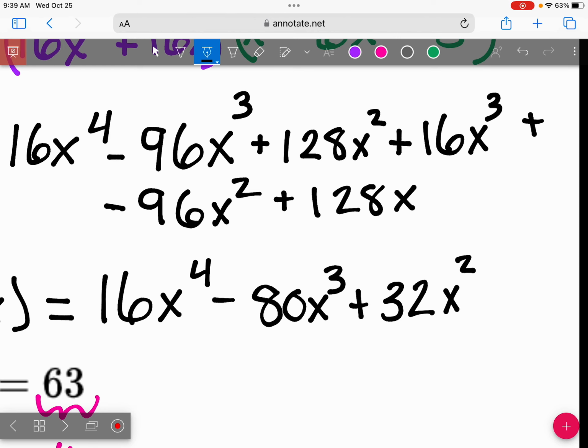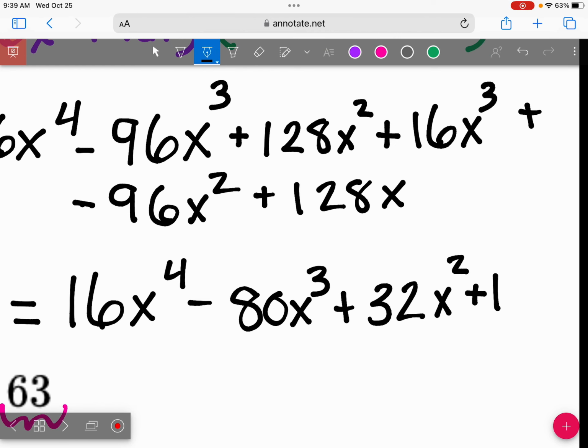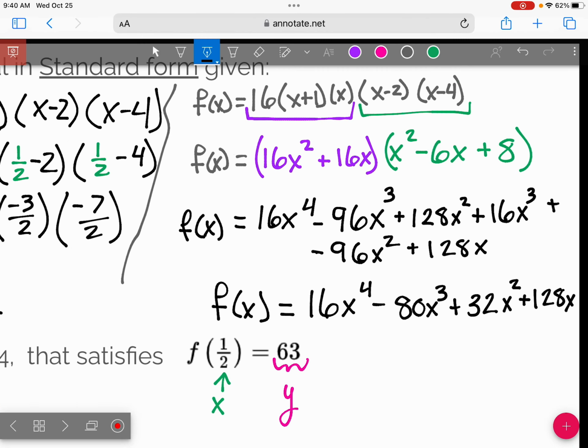How about for our x's? 128. There's only the one term. And do we have a constant? Nope. We don't have a constant. The y-intercept is at 0, 0. You got it. We can also kind of tell that because it has a zero at 0.